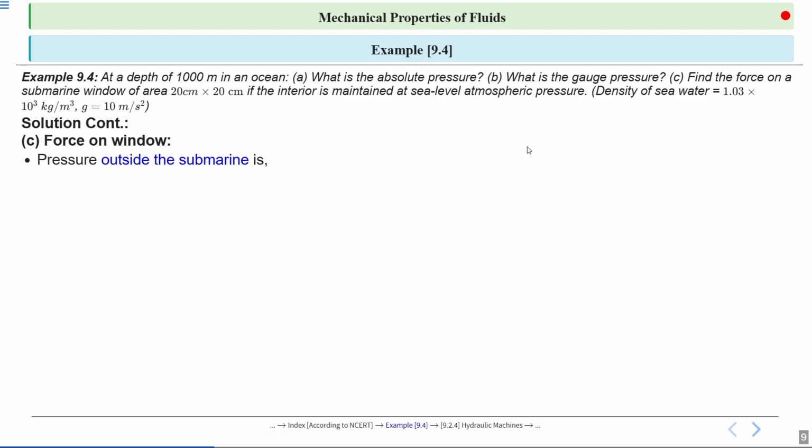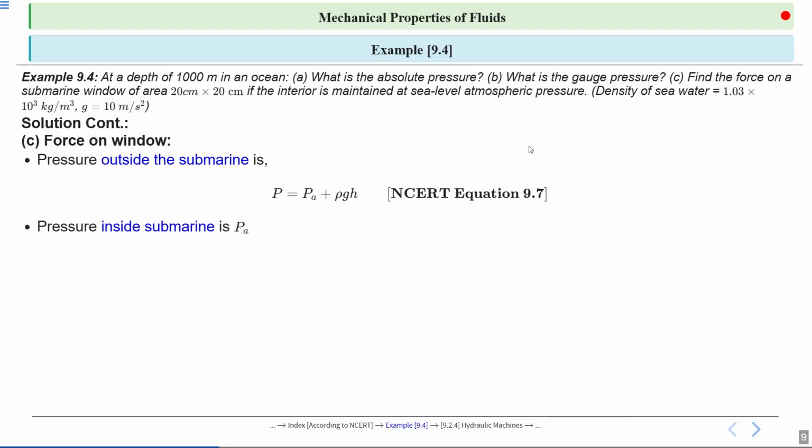This pressure is a combination of atmospheric pressure and the pressure due to the water column above the submarine. So the formula for pressure outside the submarine is P is equal to Pa plus rho g h. Here Pa is the atmospheric pressure, rho is the density of seawater, g is the acceleration due to gravity, and h is the depth.